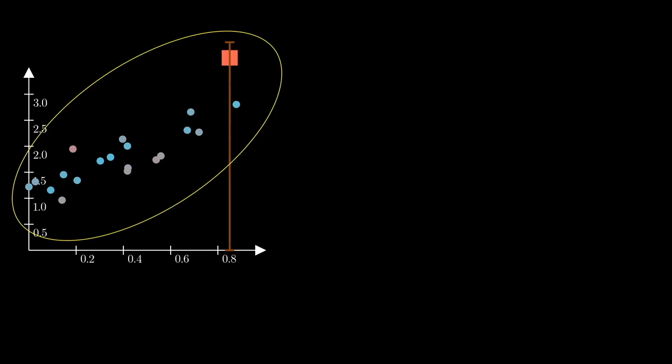To measure the non-conformity of each point with the bag, which, as we discussed last time, is the foundation of what conformal predictors do, a model is fit on the points inside the bag, and then the non-conformity of a point, for example, the square with its current plausible value, will be the absolute error encountered by the model for that point.